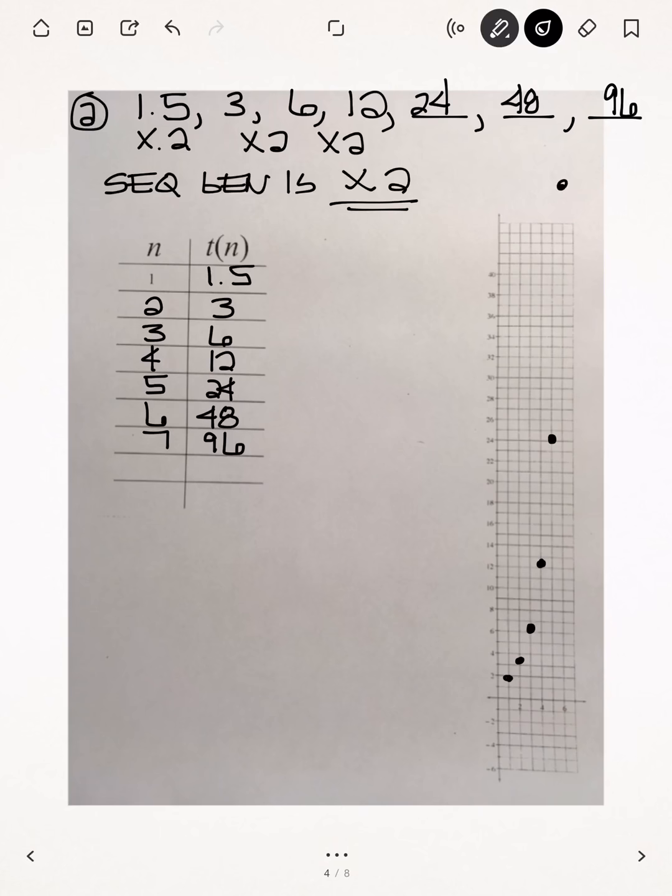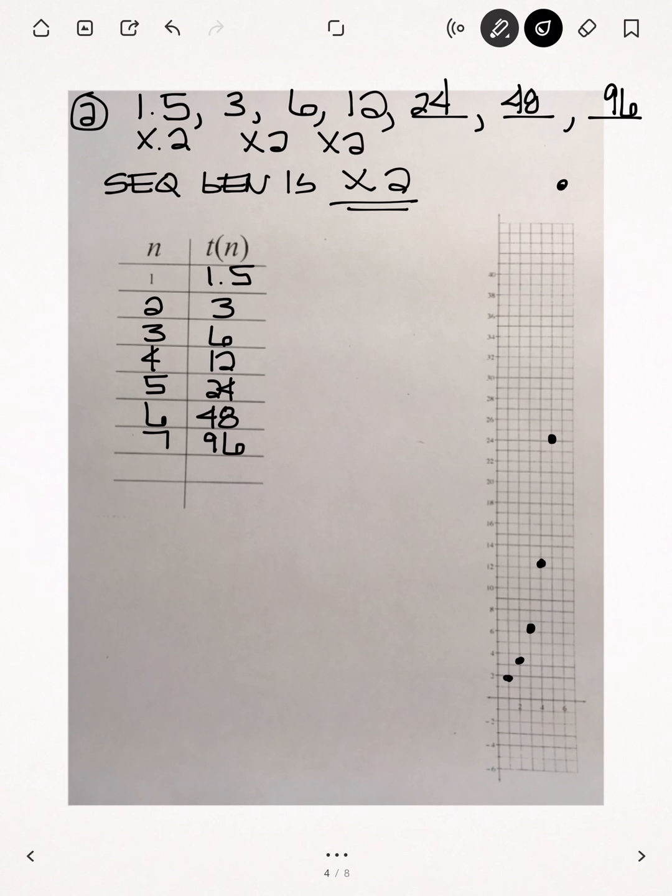Well, if you look at that graph, it's definitely not linear. And you'll notice that it starts increasing really slow, and then it starts increasing really fast. Because remember, we're multiplying by 2, so we're doubling each time, so it grows really fast. So can you guys remember what type of graph we get when it starts increasing slowly, but then starts going really fast?